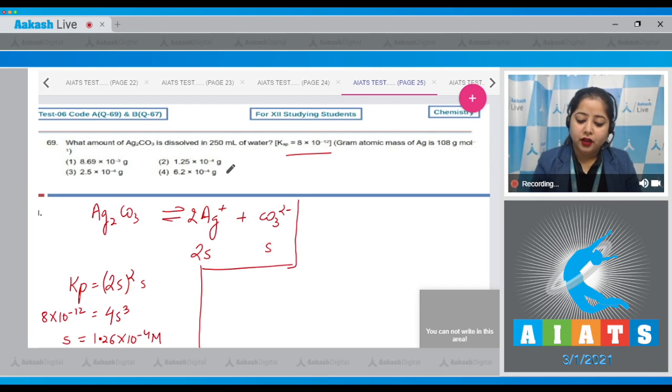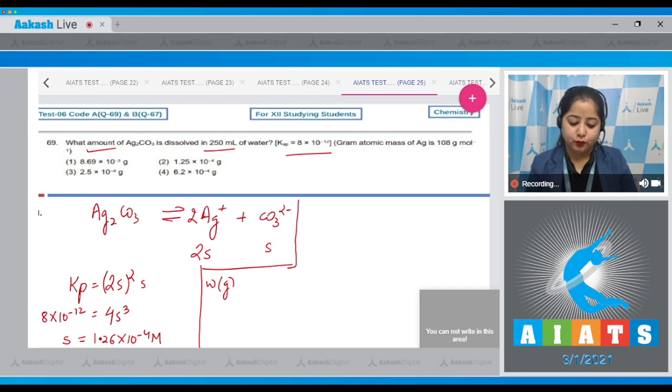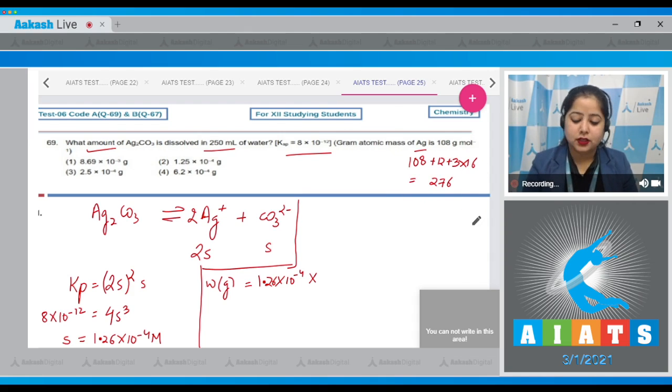Now student, we are given with 250 ml of water, and also we have to calculate the amount of silver carbonate that is dissolved. So student, the amount, that is the mass of silver carbonate dissolved in 250 ml of water will be 1.26 into 10 raised to the power minus 4 multiplied by the molar mass of silver carbonate, which is equals to 108, that is the mass of silver, plus 12, that is the mass of carbon, plus 3 into mass of oxygen, that is 16, which is equals to 276.